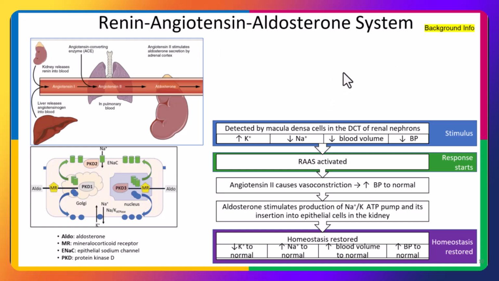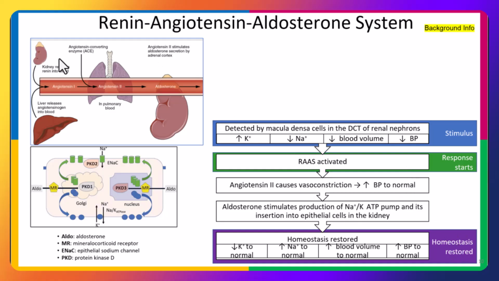Where it all starts is with some sort of stimulus, and the stimulus is going to be detected by, remember those macula densa cells in the distal convoluted tubule of the nephron? These are sensitive to increases in potassium, decreases in sodium, decreases in blood volume, and decreases in blood pressure. It will detect, all right, homeostasis is off balance. Let's activate the RAAS and bring blood pressure or homeostasis back to normal.